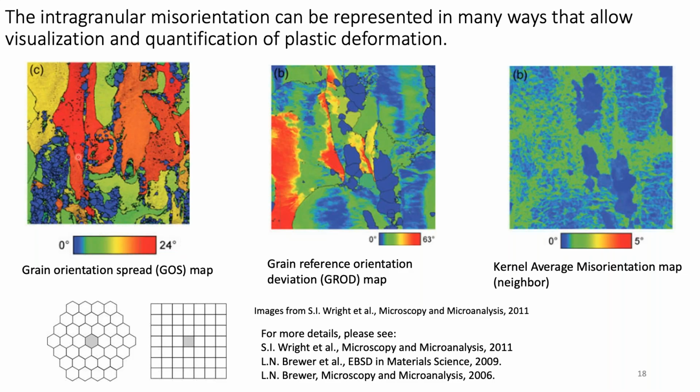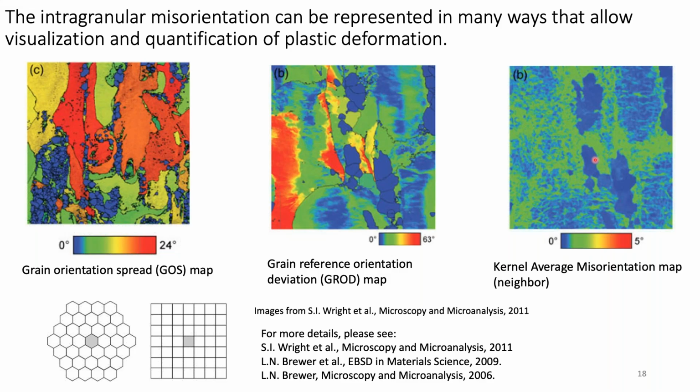So every point in the grain after the calculation has the same color, or value. That's called a GOS map, grain orientation spread. You can see that the recrystallized grains are low in orientation spread, so they're blue, and things that are not yet recrystallized have a lot of orientation spread within the grain, and they're colored red.